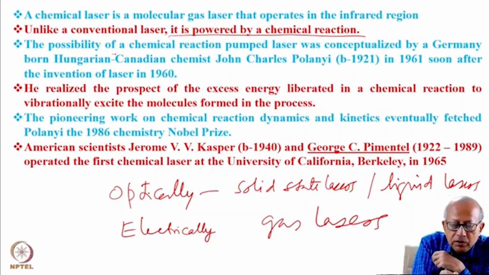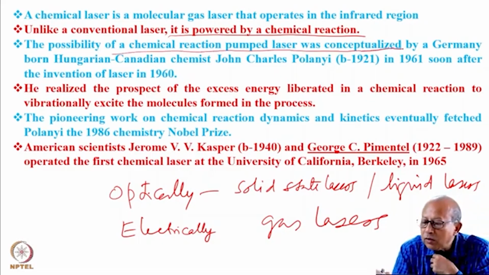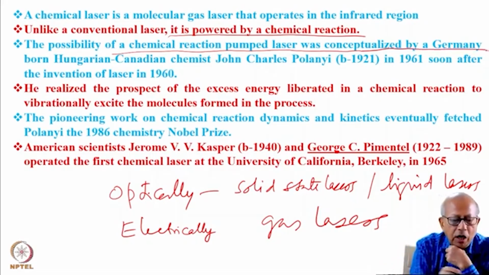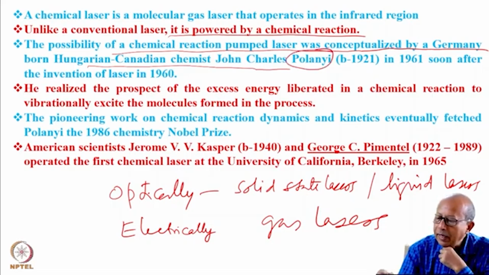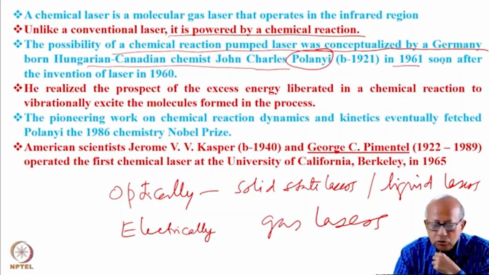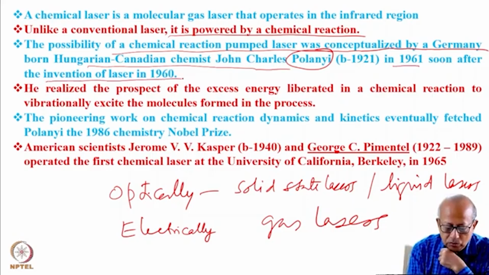And the possibility of a chemical reaction pumped laser was first conceptualized by a Germany-born Hungarian-Canadian chemist, John Charles Polanyi, in 1961, soon after the invention of the laser in 1960.